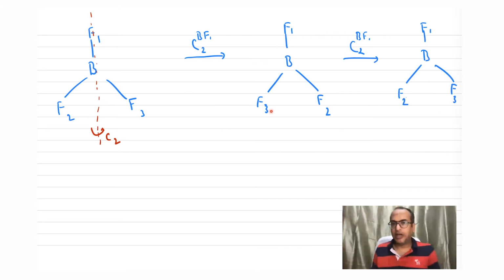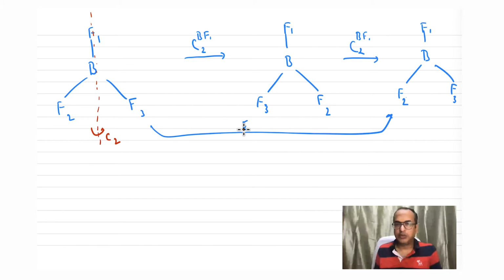Because again F3 will go to F2, F2 will go to F3. Now if you want to go directly from here to here, C2 done twice will be actually the identity operation, right? So C2 done twice will give you the identity operation. Okay.